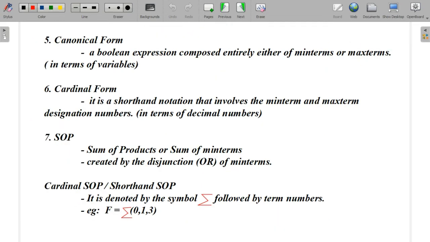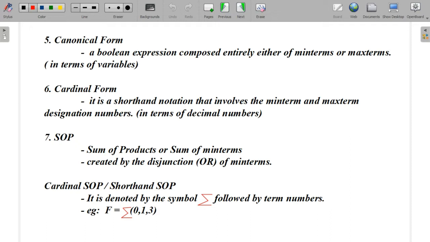Next is the canonical form: a Boolean expression composed entirely either of min terms or max terms. That means expressions written in terms of variables are known as the canonical form of expression. That is, in a Boolean expression only variables will be there. That is known as a canonical expression or canonical form of a Boolean expression.